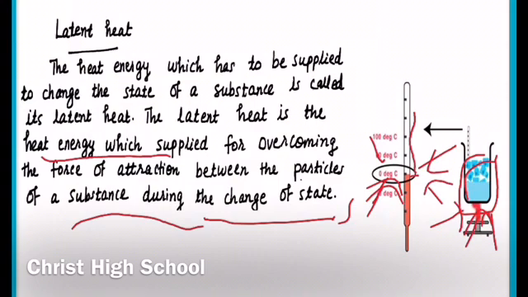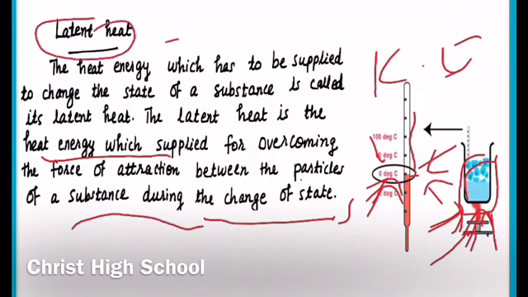Only the heat utilized for increasing the kinetic energy will be recorded as a temperature change by the thermometer. But after reaching the melting point or boiling point, whatever heat you are supplying is called latent heat. Latent means hidden.